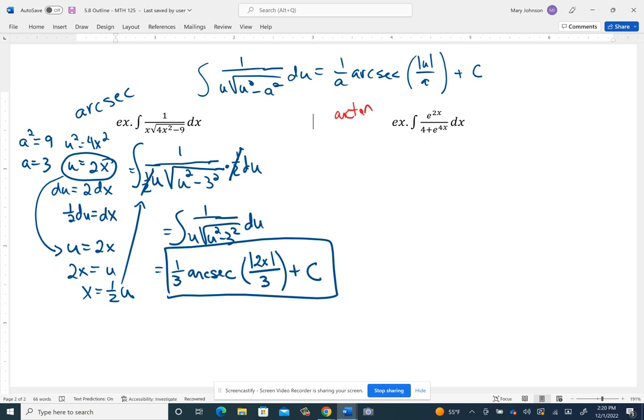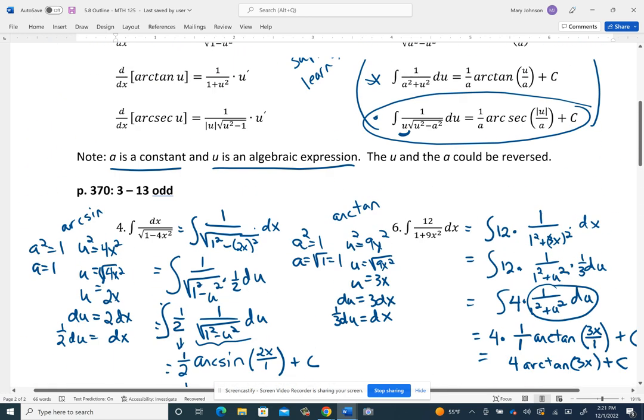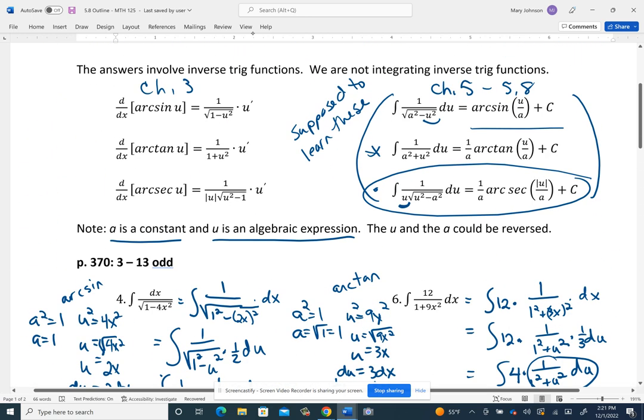And so when I look at my arctan formula, let me go ahead and flip back to that. Okay, so when I look at that formula right there, I need a number squared plus some variable thing being squared, and then it should be just a 1 on top. And that's not what I see.